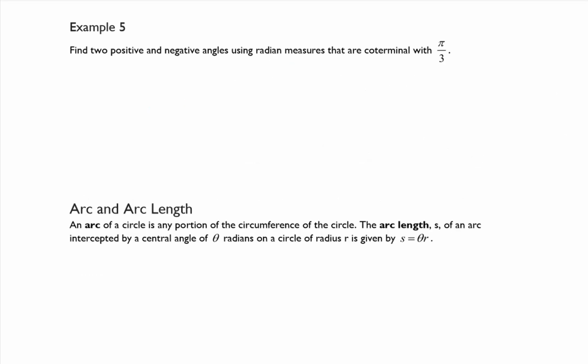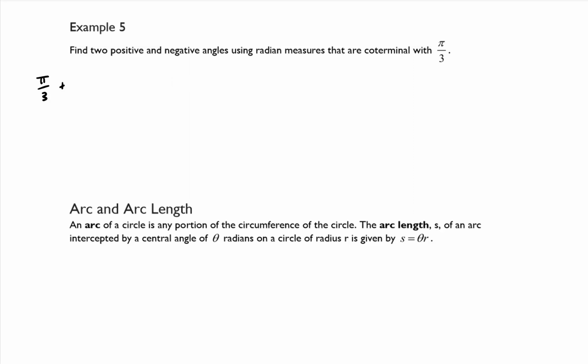Example 5 says, find two positive and negative angles using radian measures that are coterminal with pi over 3. So similar to the example where we did it when it was degrees, we would just add full rotations, but this time we're working in radians. And so a full rotation in radians is 2 pi.